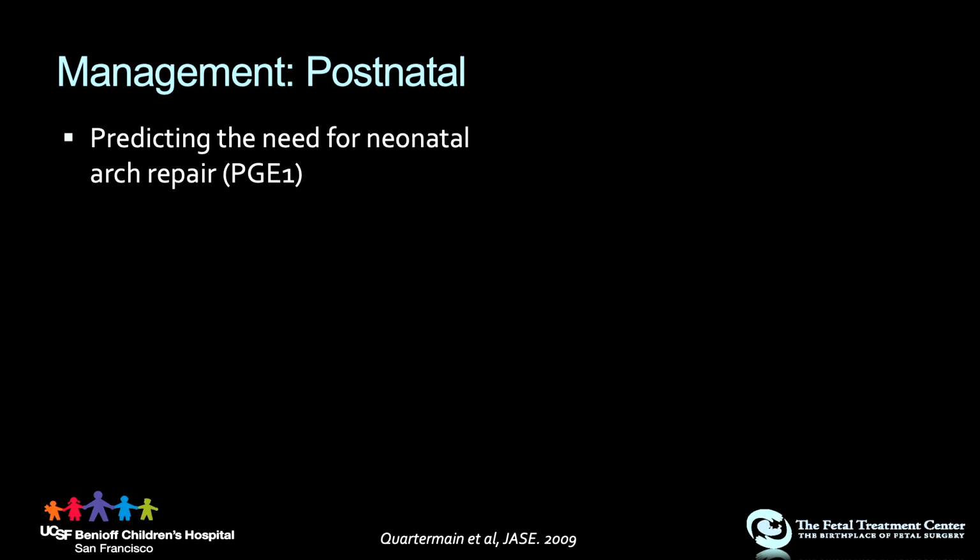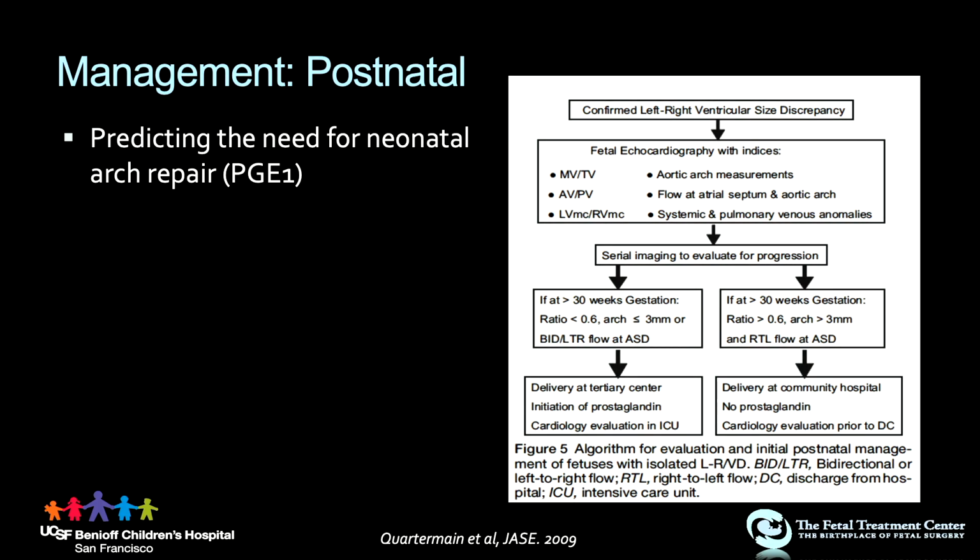Based on this paper, they came up with an algorithm of things that you should definitely measure if you're worried about coarctation, like size of the semilunar valves, size of the AV valves, aortic arch measurements, to try to make your best assessment of whether or not there is a coarctation. And more importantly, do you recommend delivery at a tertiary center, or do you recommend delivery at a community hospital without prostaglandins being initiated?